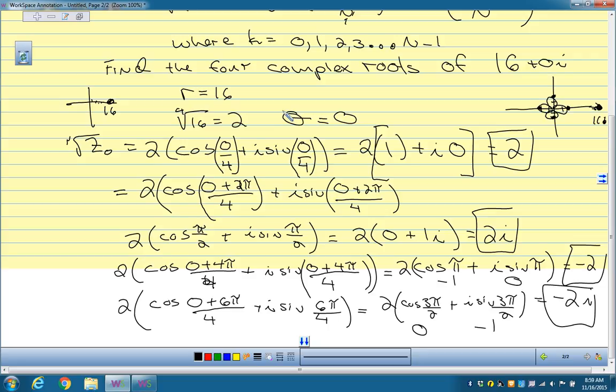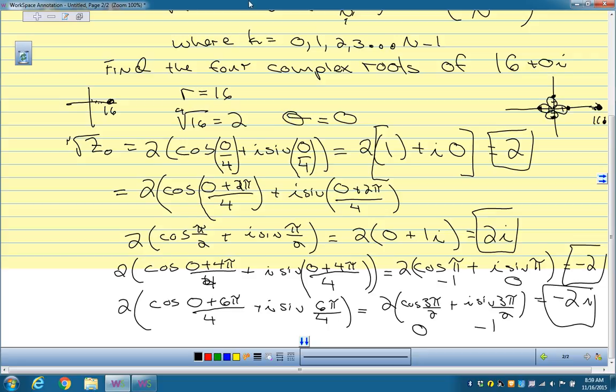If there are 3 roots, you take the original angle and add 360 divided by 3, which is 120 degrees. That's what the formula says, but it's hard to know. So I'm going to do one that doesn't come out as perfect as that.